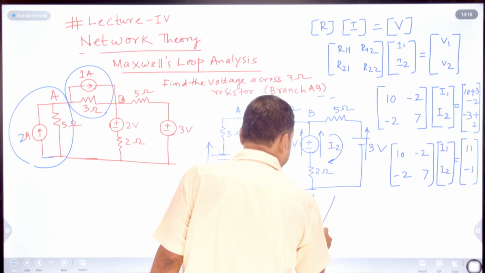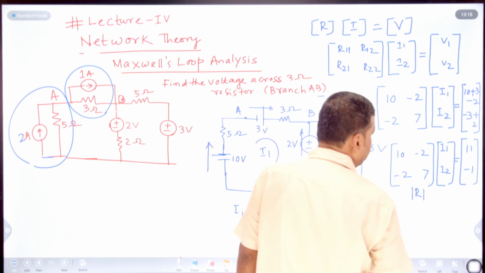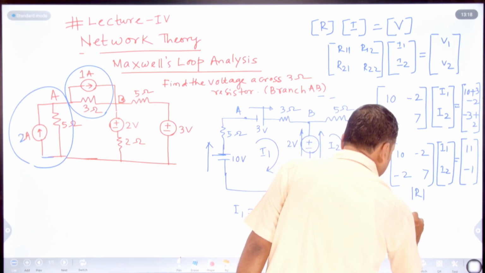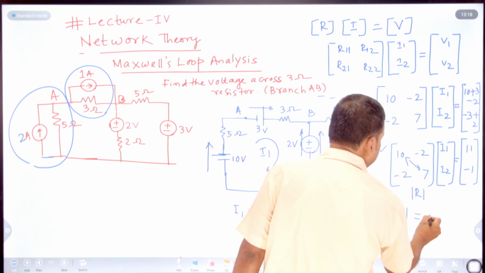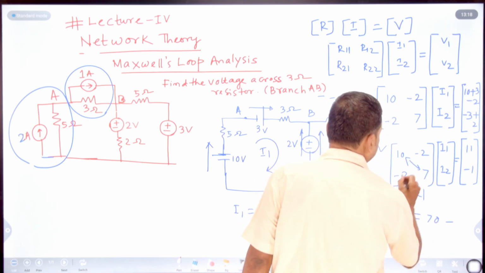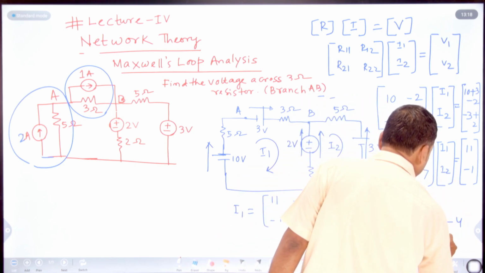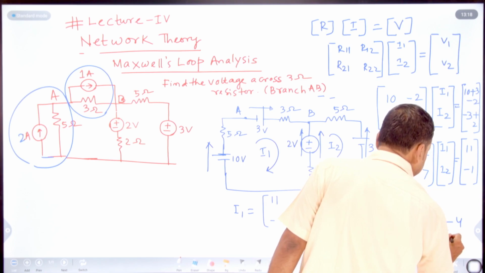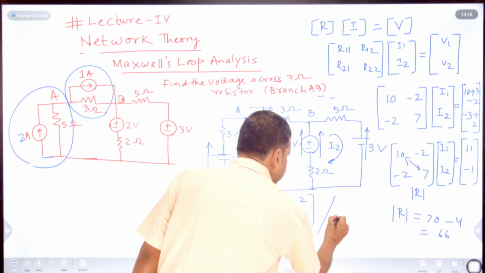This is divided by the determinant of the resistance matrix R. Tell me, what is the value of R? If you multiply, 10 into 7, 70, minus 2 into 2, 4, so 70 minus 4, that is 66. The value of R is 66.